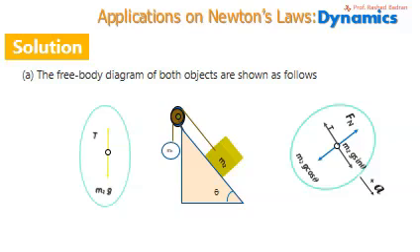This is because the driving force is going to be the component of the weight M2g, this component here. Also, along the x-axis we will have the tension in the rope, where this tension is trying to prevent the component of the weight along the x-axis from moving.